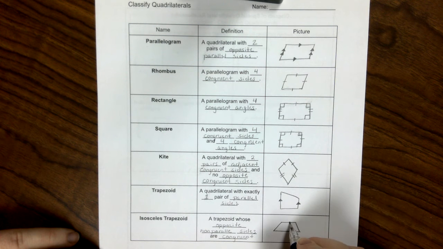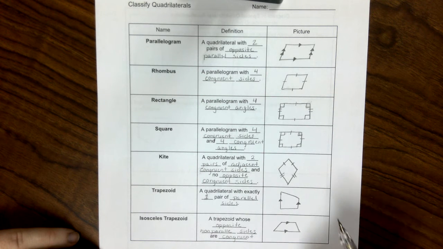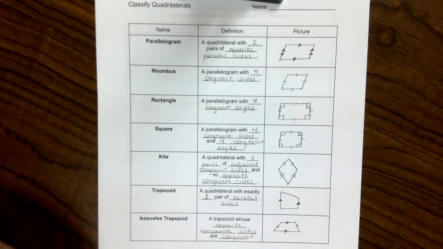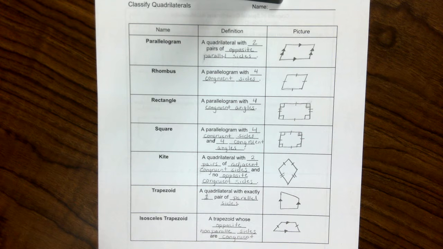Okay, so the way I've drawn this one, this side and this side are parallel, and then the opposite sides that are not parallel are congruent, so they get tick marks. Okay, so these are the shapes you're looking for, and there's the definitions.